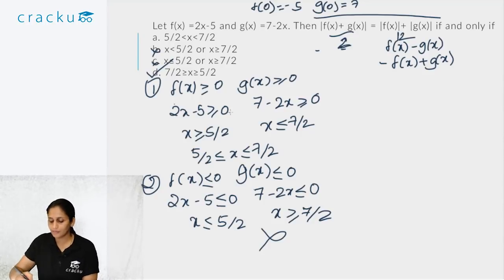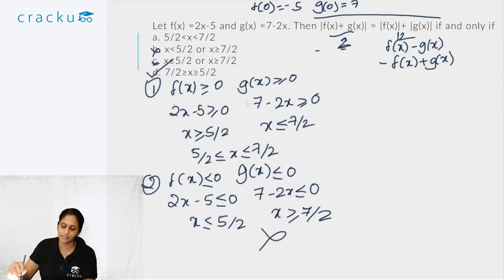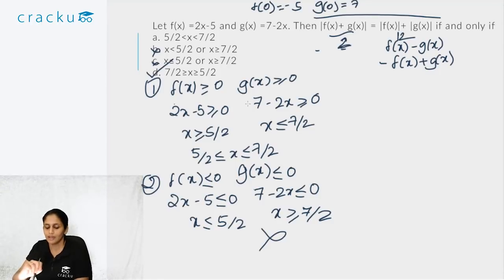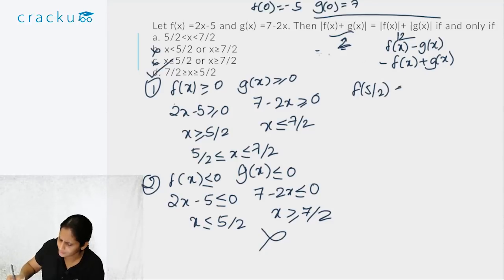Now between A and D, if you look at the options, both are identical ranges except that instead of the less than sign you have the less than or equal to sign. So to choose between A and D, you just have to see whether x equal to 5 by 2 actually satisfies the equation. If x is equal to 5 by 2, f of 5 by 2 is 0 and g of 5 by 2 would be 7 minus 2 into 5 by 2, that would be 2.